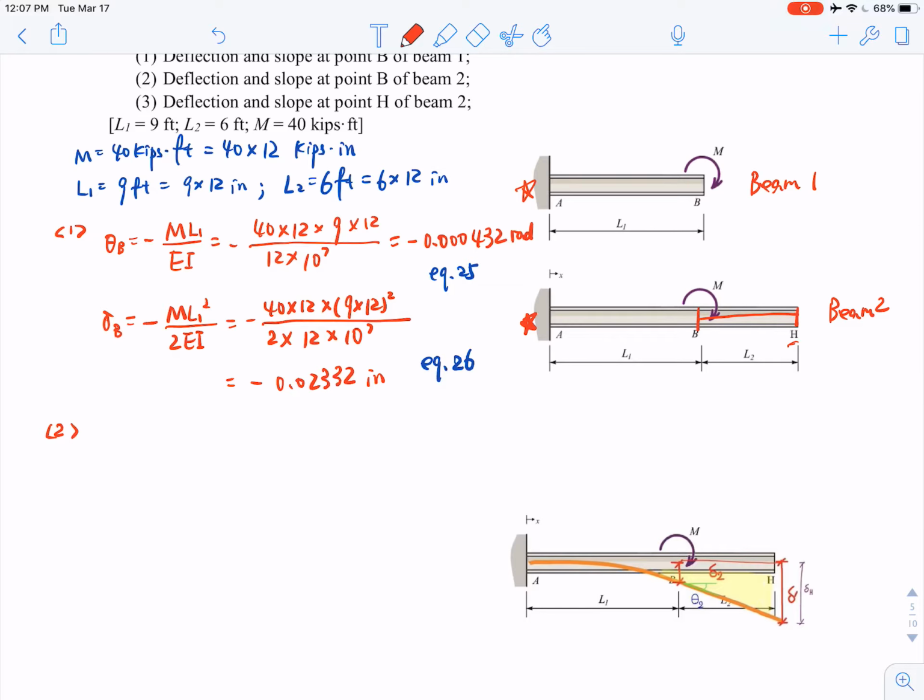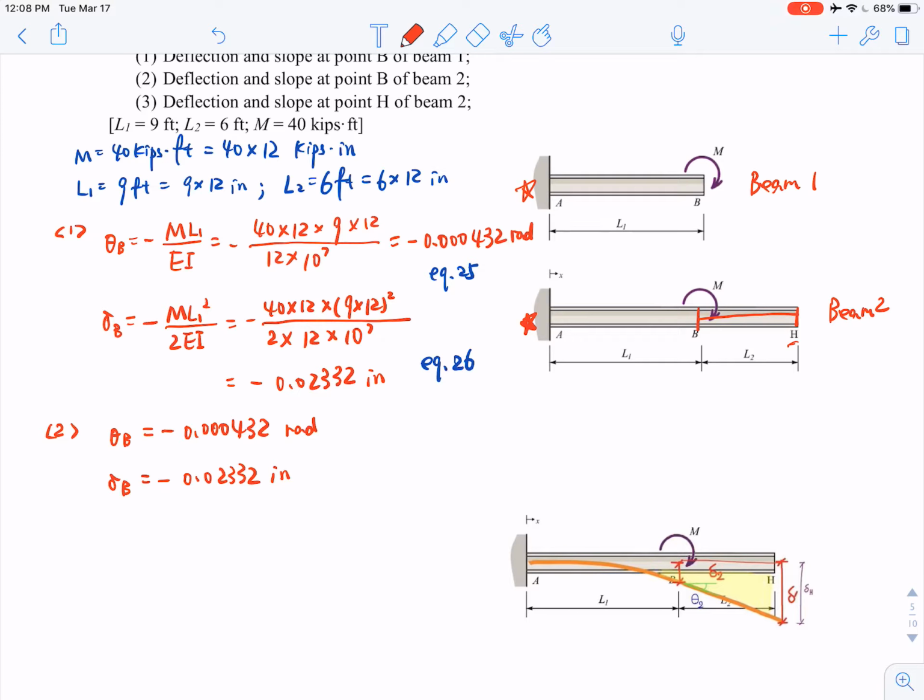So this will not change anything regarding point B. So theta B will still be negative 0.000432 radian, and its delta B will still be negative 0.02332 inch. This will not be changed.